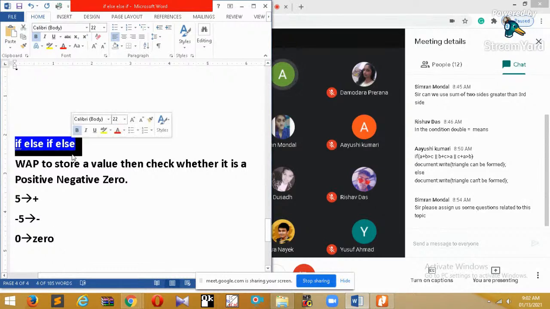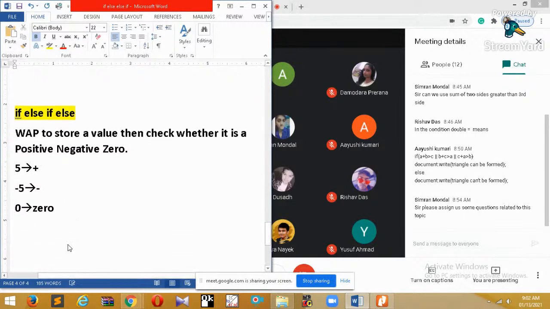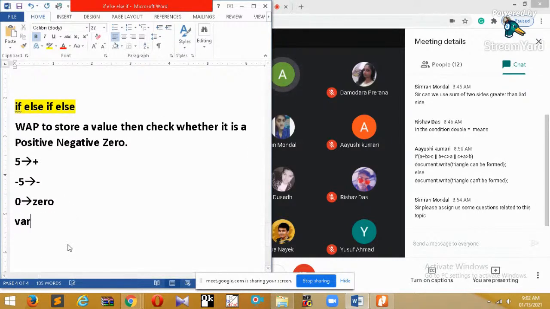If else if else means first we'll write the if statement, then if any more conditions are there in between, we will write them using the else if statement, and finally we'll go for the else statement. So let's write. Suppose I'm taking one example, a variable x equal to, for example, 10.